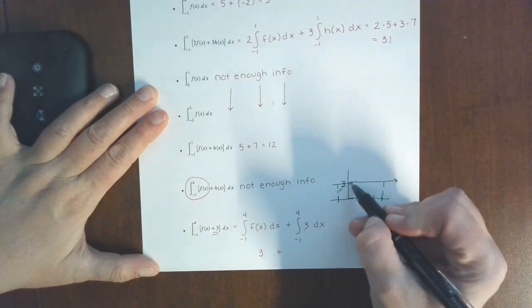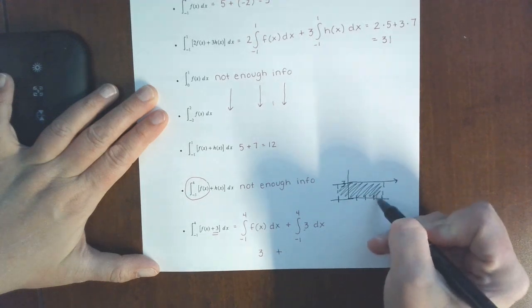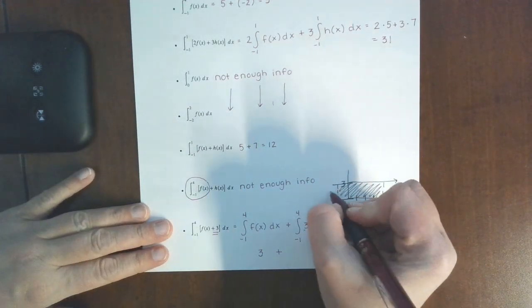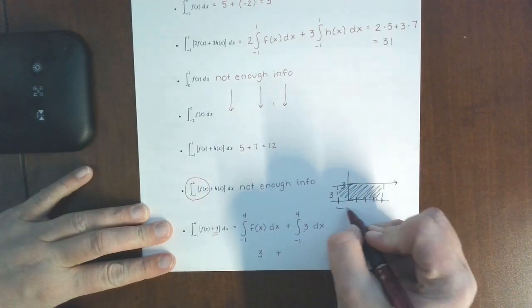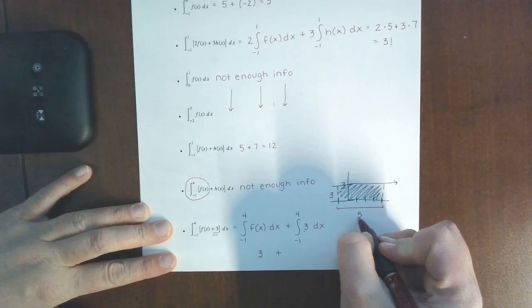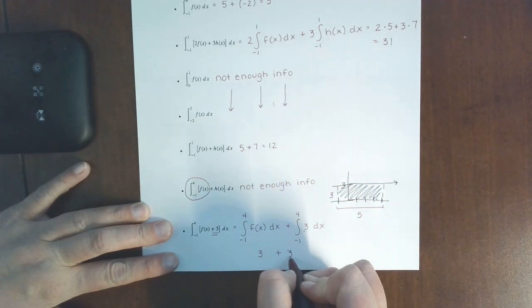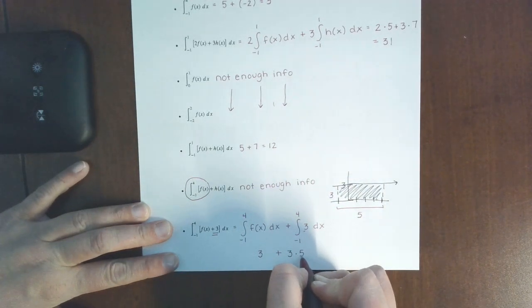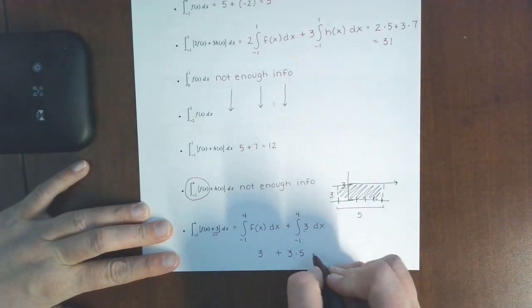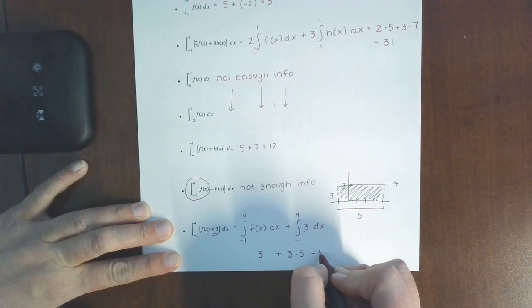So what I'm really saying is, how big is this rectangle? What is that area? Well, the height of that rectangle is going to be 3. And the base of that rectangle from -1 to 4 is going to be 5. So this is really 3 times 5. And again, that 5 came from the width of the interval here.